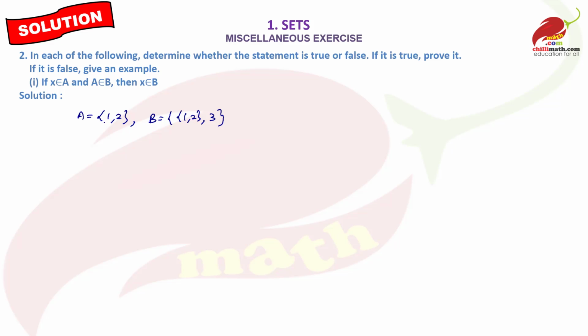Suppose x is 1. 1 belongs to A? Yes. And A belongs to B? Yes. But here 1 does not belong to B. So this is false.